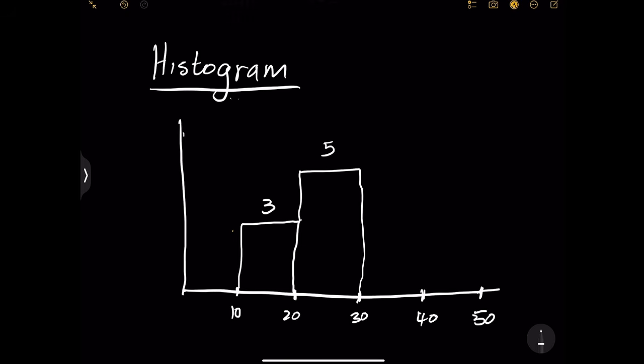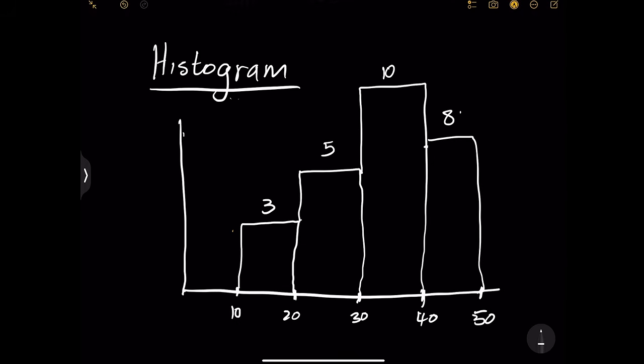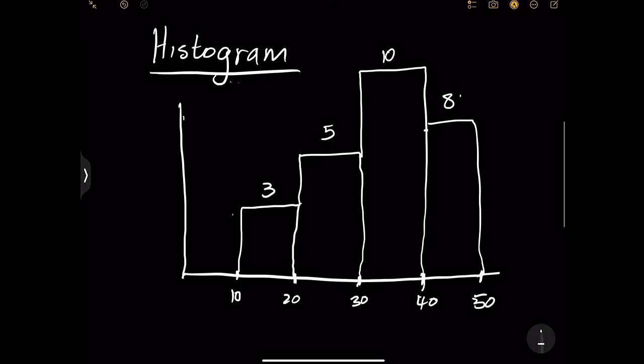Between 30 and 40, that would be 10 learners. Okay, and so on and so forth, right? Let's say this would be 8 learners over here. Okay, now this is what we call a histogram. And what does it give you, right?